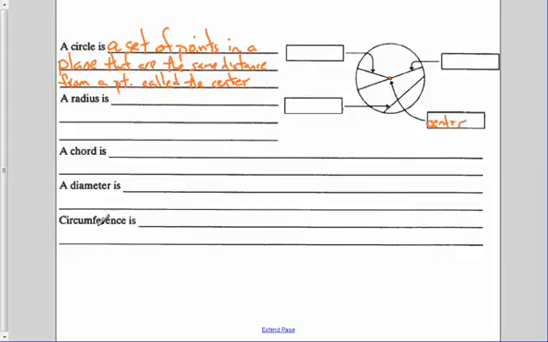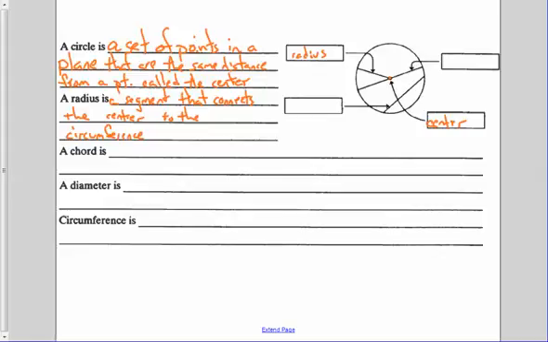And then we have our radius. Our radius is a segment that connects the center to the circumference. In our example, the radius is this line right here, where it goes from the center outside to the circumference, or to the circle part.